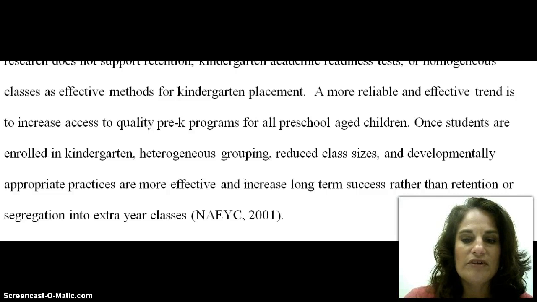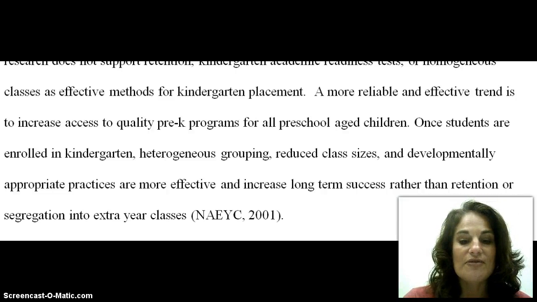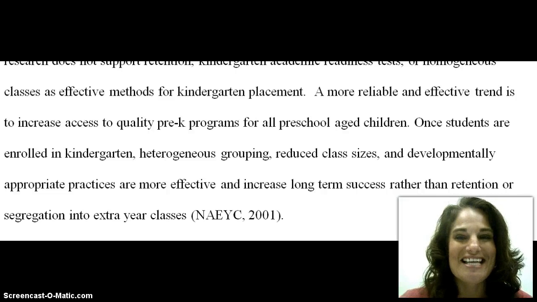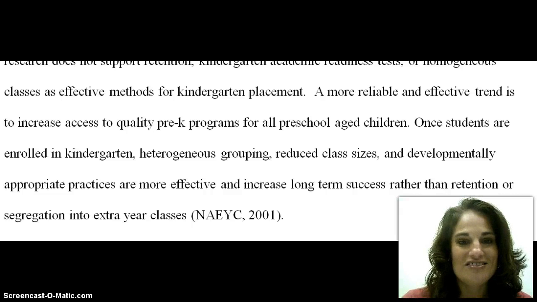And as you can see, I included an in-text citation. That information was from a NAEYC report, the National Association for the Education of Young Children, from 2001. Now, 2001 is more than 10 years ago. Make sure all your resources are within 5 years or less.